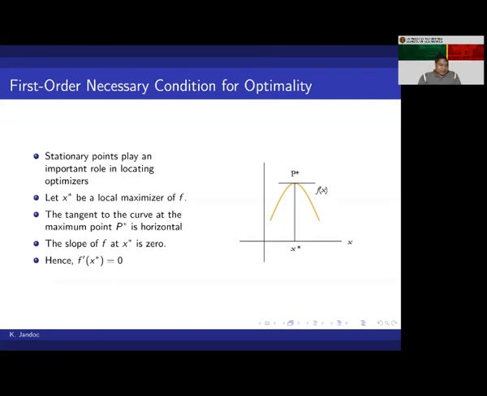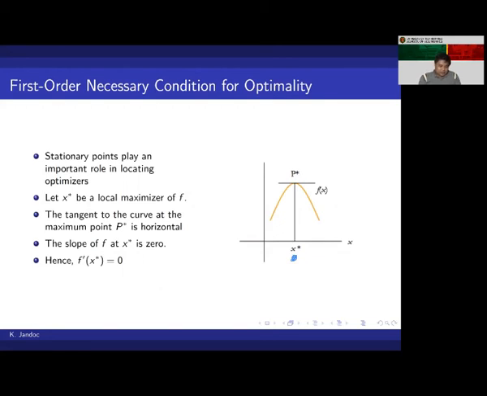For example, you have this graph. Here we have x star being a local maximizer, because at x star this function f of x, the graph of which is this yellow line, gives you the highest value of f of x.